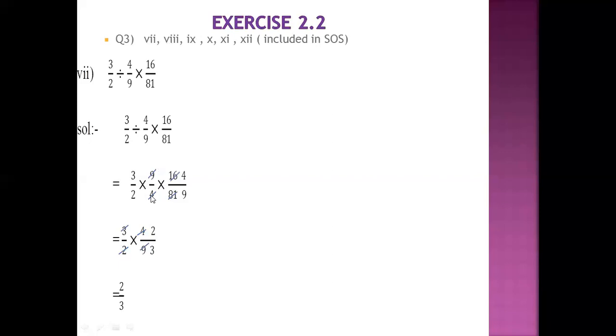Again, 4 and 16 are both divisible by table 4: 4 ones are 4 and 4 fours are 16. 1 multiplied with 2 or 3 gives the same number, therefore I didn't write 1 and 1 here.